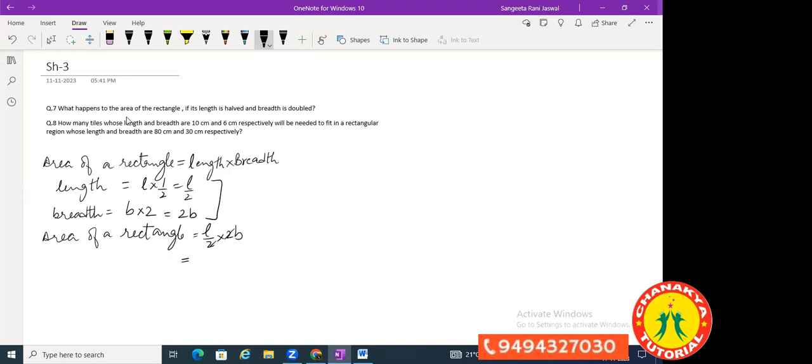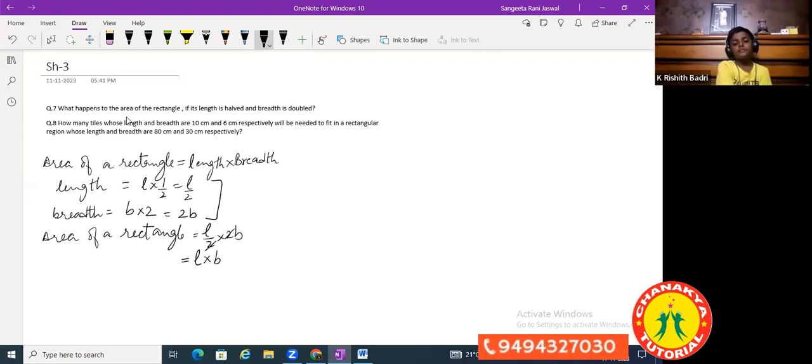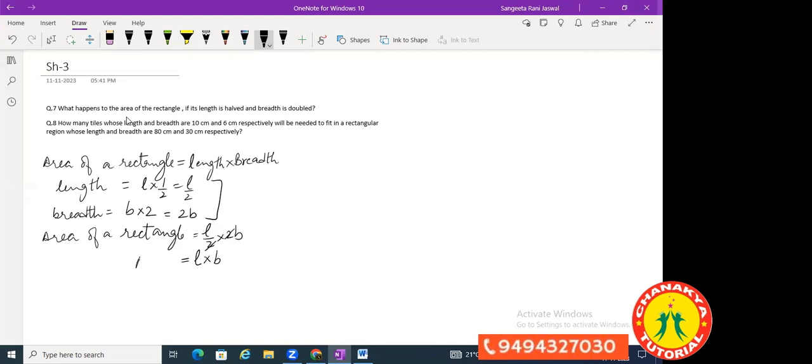So 2 and 2 can be cancelled because one is in the numerator, other one is in the denominator. So we are only left with L and B. So this was the area with the new dimensions, and this was the area with the original.